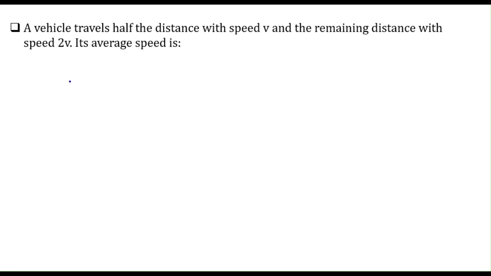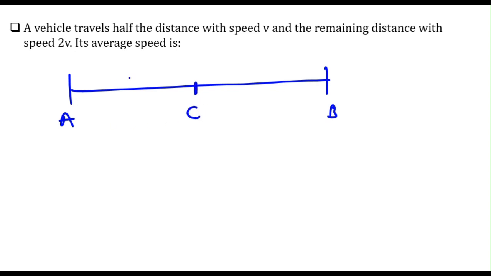So let's say the vehicle is traveling from point A to point B, and there is another point, midpoint here, C. Let's say this distance is x, and this is also x.